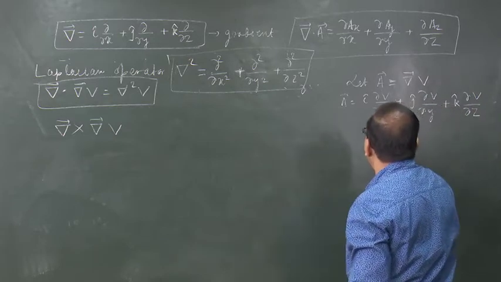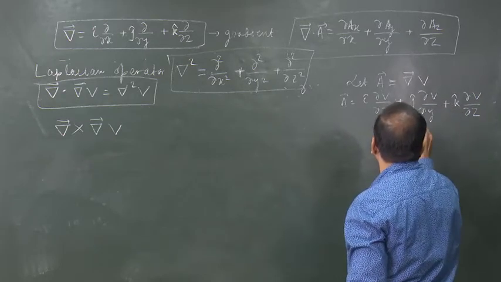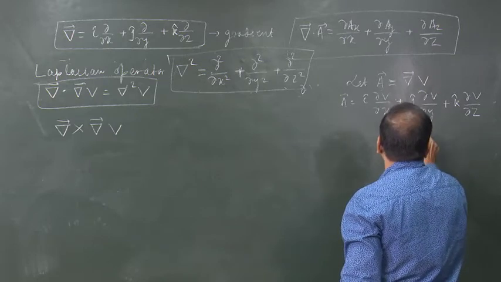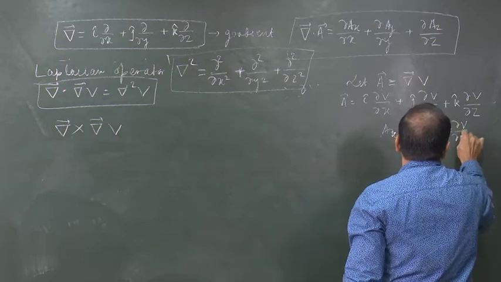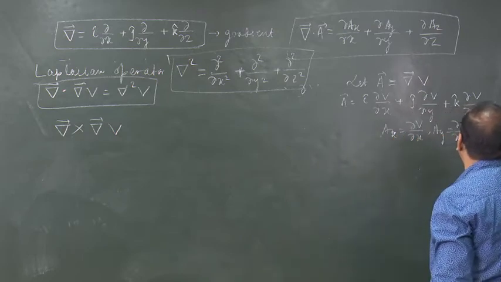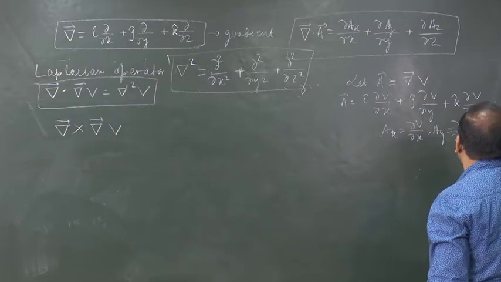And what is the x component of A here? A x is equal to del V by del x, A y is equal to del V by del y, and A z is equal to del V by del z.